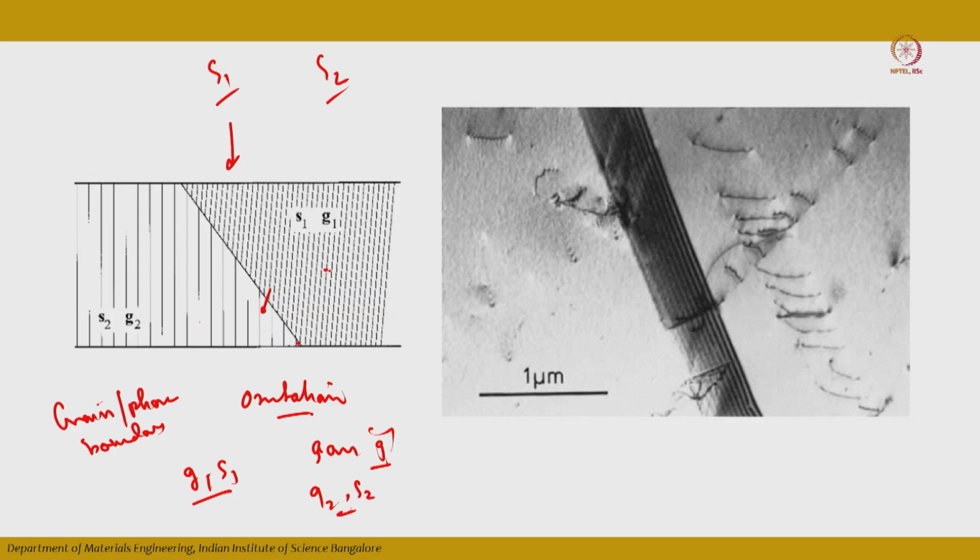Okay. So, the grain boundary contrast is usually similar to the thickness fringe contrast, where the first grain might contribute to the intensity, but the other grain will not contribute, due to which there will be a variation in the intensity while moving from one grain to the other.